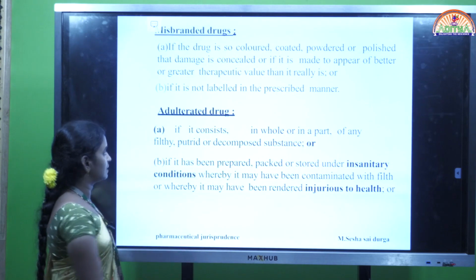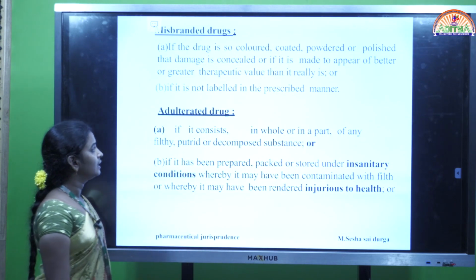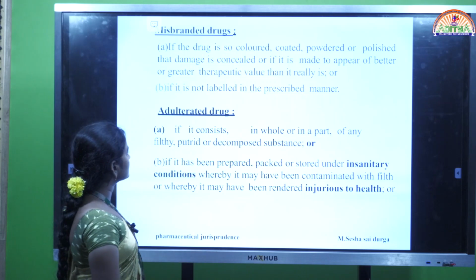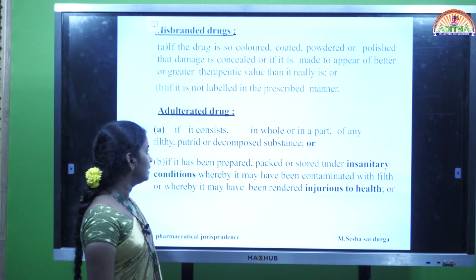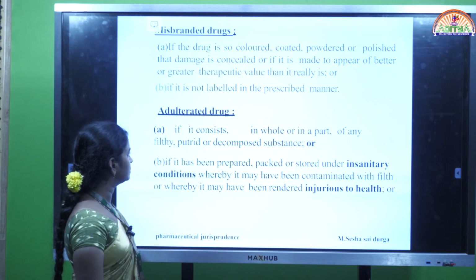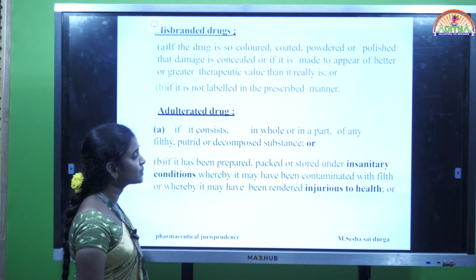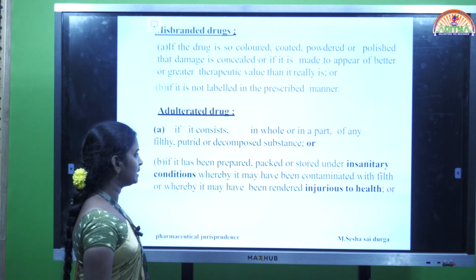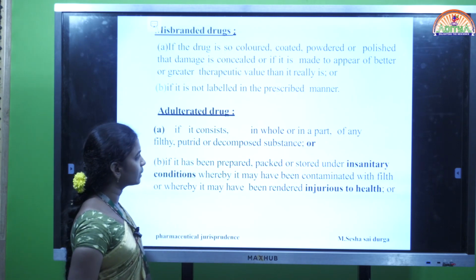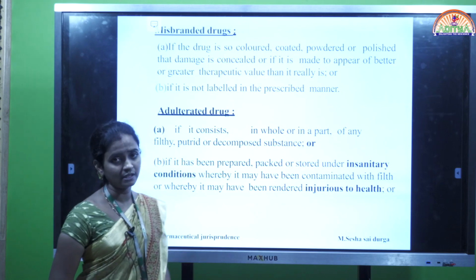And the next one is adulterated drug. What is adulterated drug? See here, if it consists in whole or in part of any filthy, putrid or decomposed substance, and if it has been prepared, packed or stored under insanitary conditions.